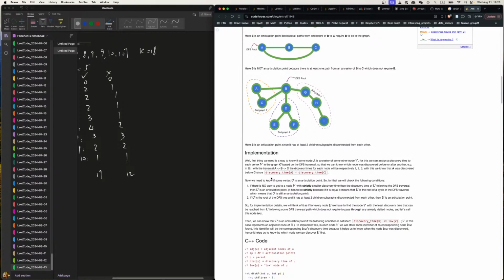If there's no way to get there, it means that in this traversal you have to go through U in order to go to V, right?